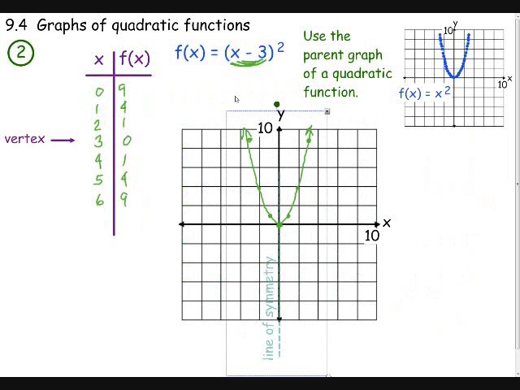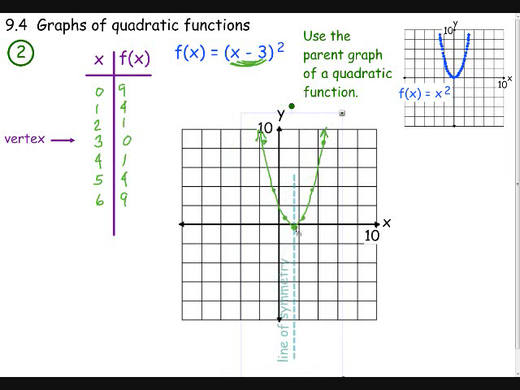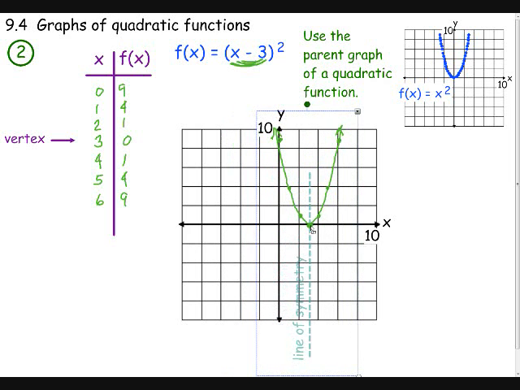So the only difference between this graph and the parent graph is where the line of symmetry is. Please notice what the difference is between them. With the parent graph, we would have been here for our vertex, and we're at 3.